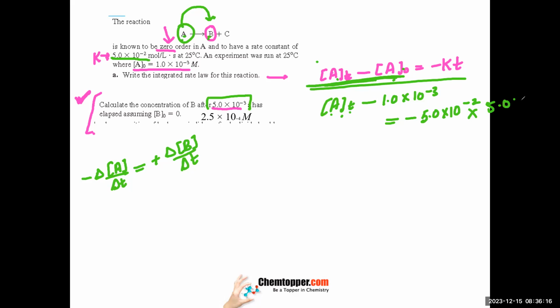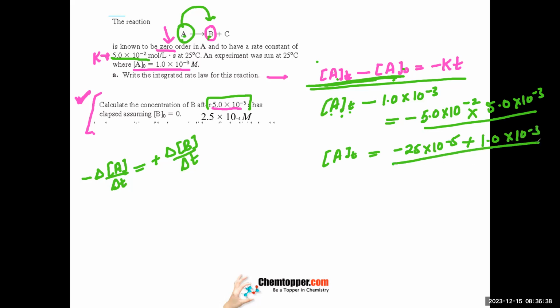Take care of the units. 10 raised to the power minus 3. So what is At? If you do this mathematics, it is minus 25 times 10 raised to the power minus 5. This minus will become plus. Can you calculate this At now from here? Use your calculator. How much is At?